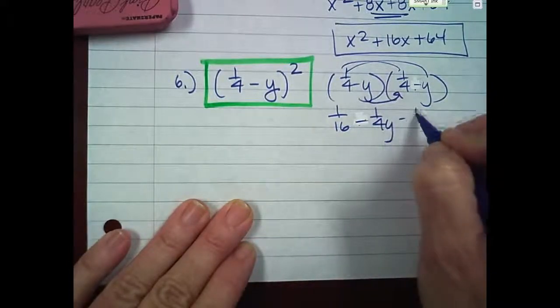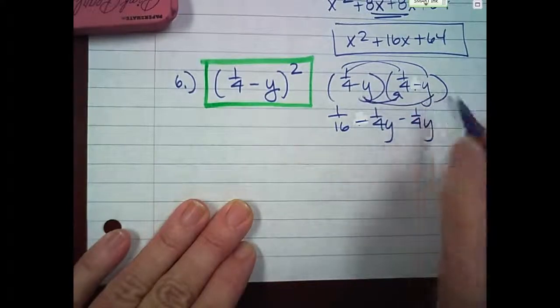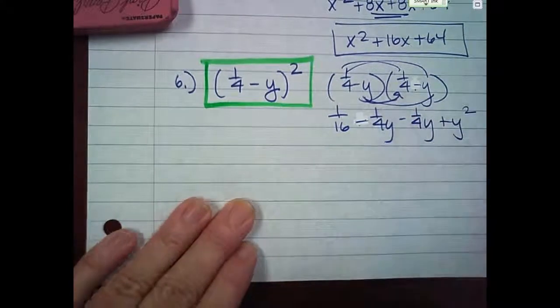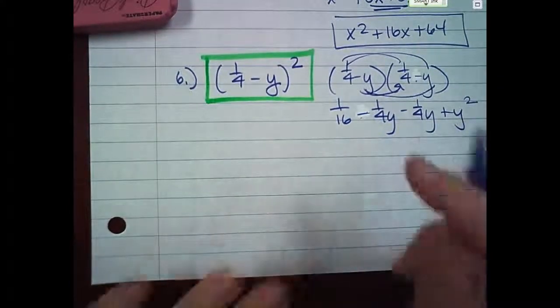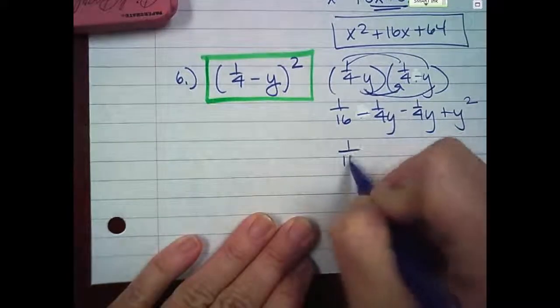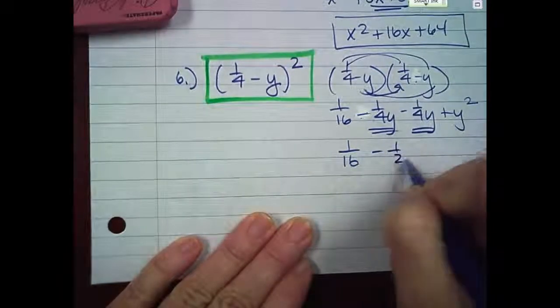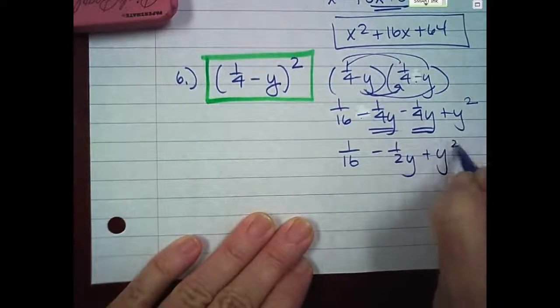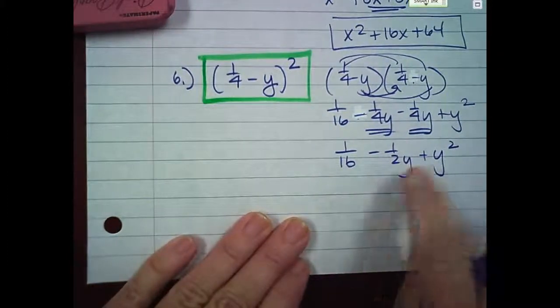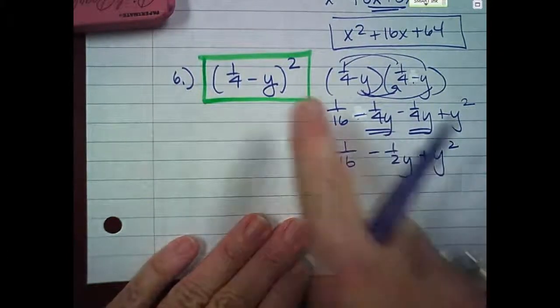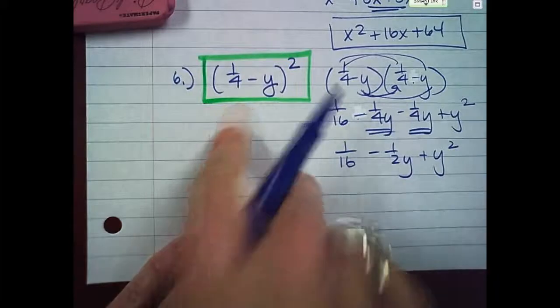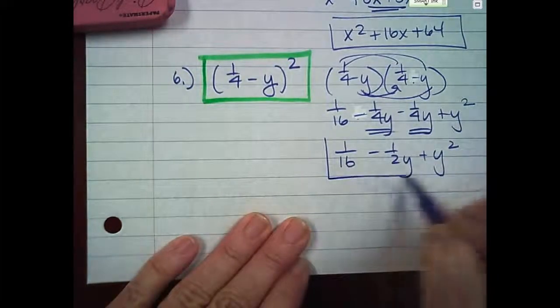So another negative 1/4 y plus y squared. 1/16 on its own. What's a negative and a negative? If you have 2 quarters, you owe a quarter, and another quarter, you owe a half. So minus 1/2 y plus y squared. And usually the answer will be written that way because it was given to you that way. If you flip it and write it the other direction, it's fine.